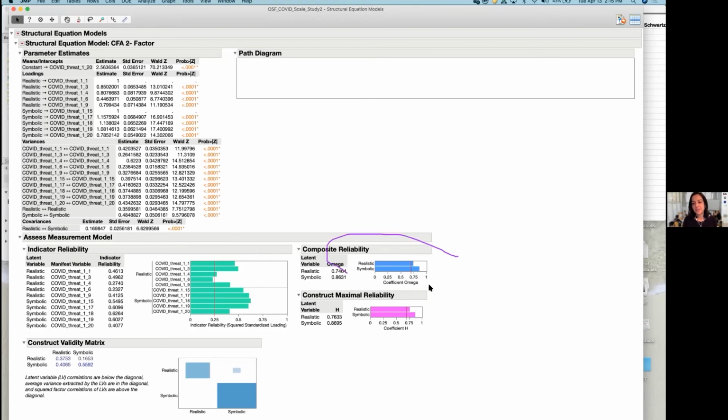That's what this is referring to. All right. There's other information here that I'm not going to have time to cover today, but just know that the composite reliability and the indicator reliability are very useful to know if we're doing a good job with our survey. Validity is really important, but again, we don't have time to talk about this, but you can always look into it.